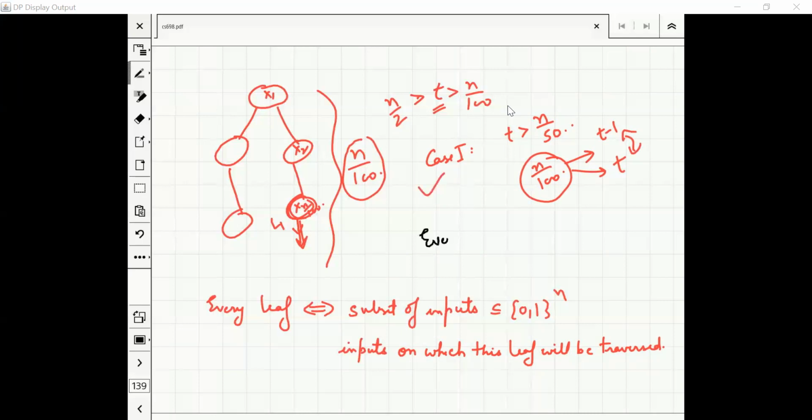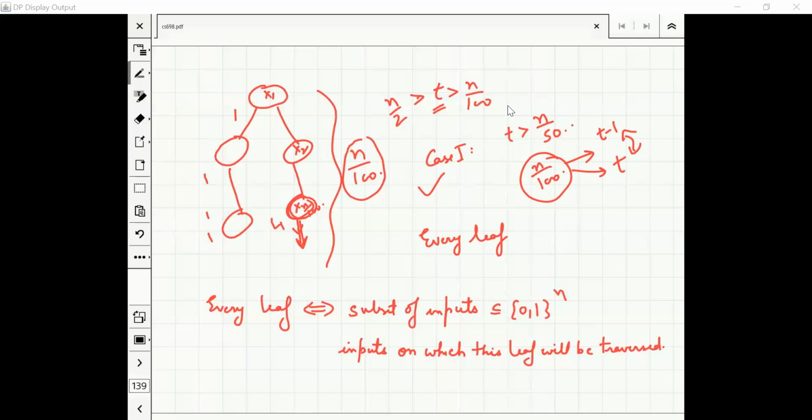What was the need of this n by 50 here? Why didn't just t greater than n by 100 work? Exactly. So this was the point. If I take t to be n by 100 plus 1, then the path where I had seen all ones, right? So the fraction of inputs on which my answer would be wrong would be very, very small.